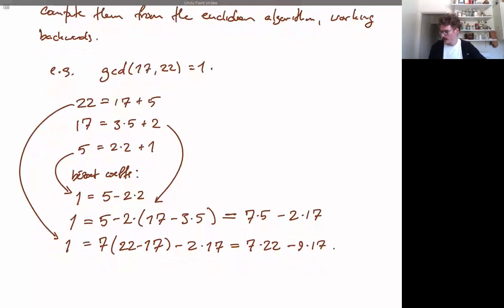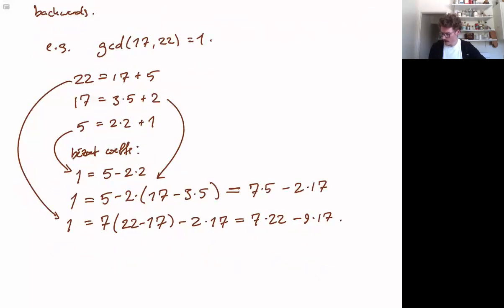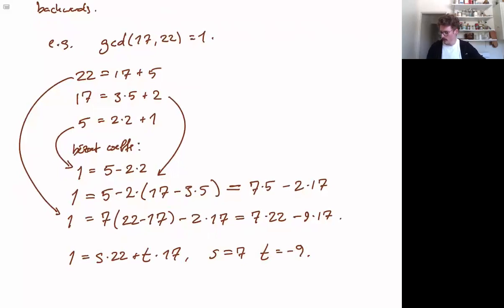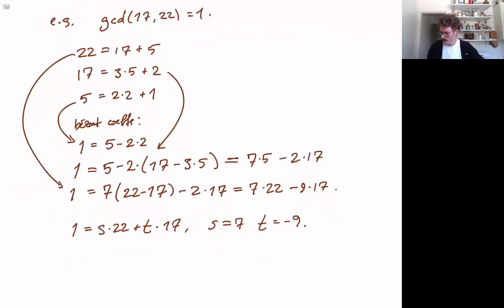So let's just write it again more explicitly. 1 equals s times 22 plus t times 17. s is 7, and t is -9. So these are our Bézout coefficients.